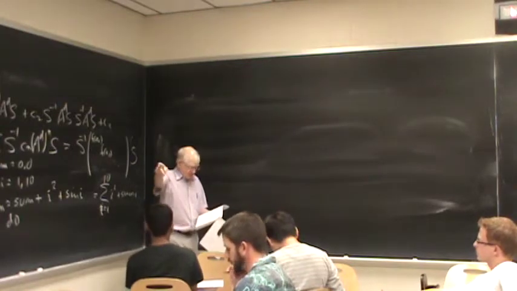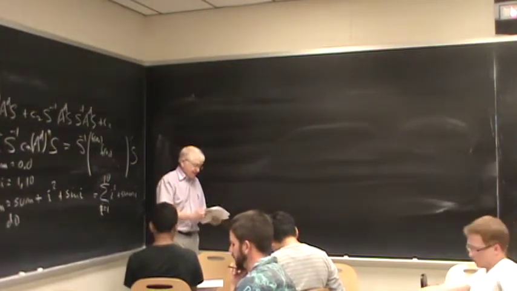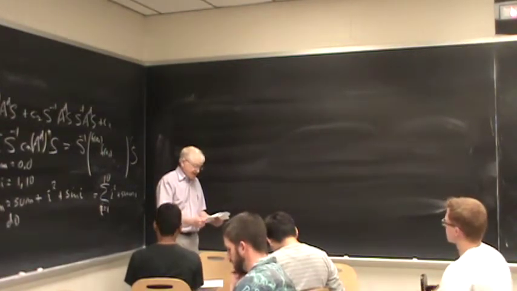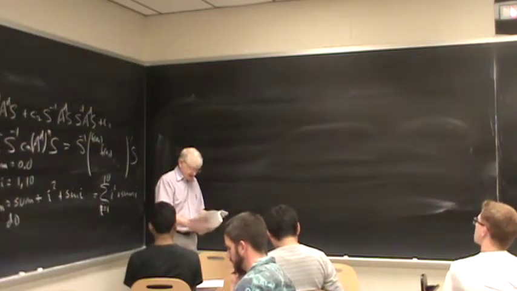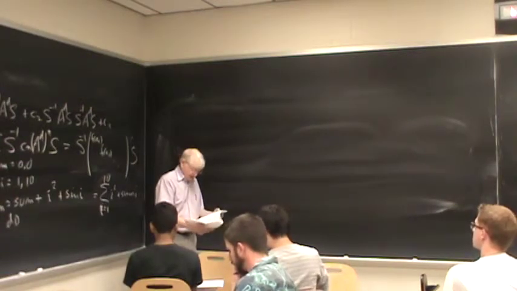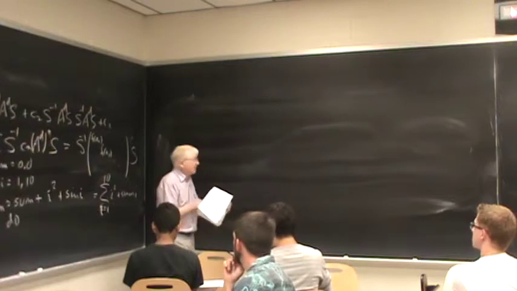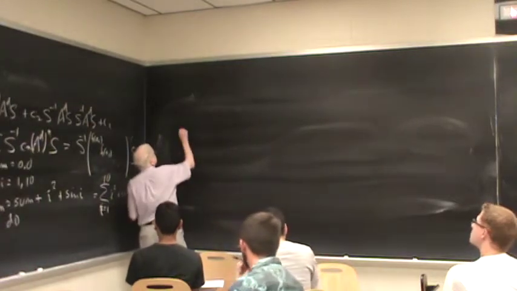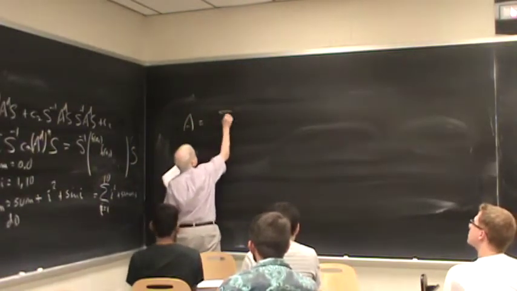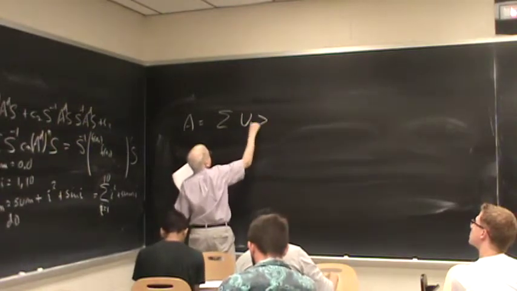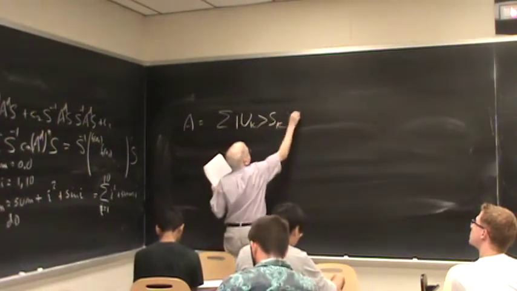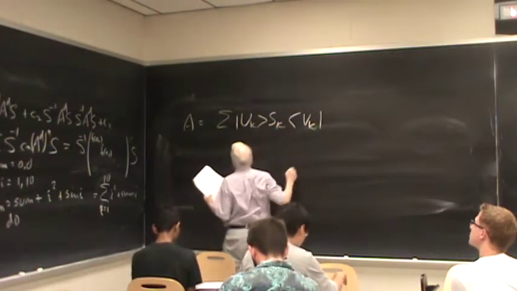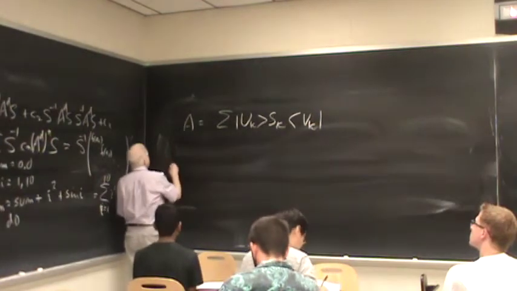Let's see, there was one loose end there, namely, let's suppose A is this sum of u_k, s_k, v_k dagger. So what is A A dagger?